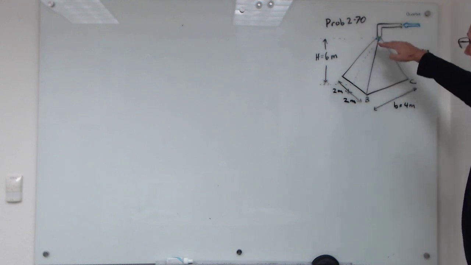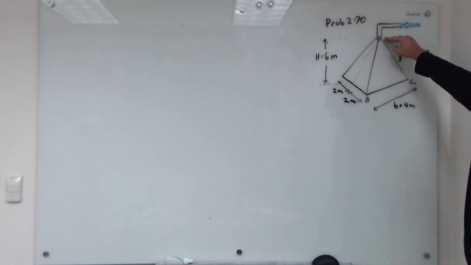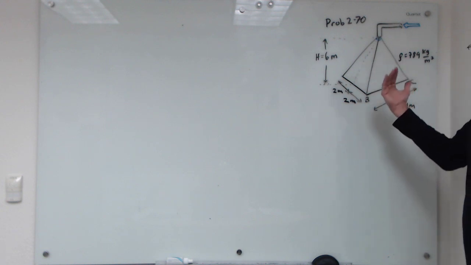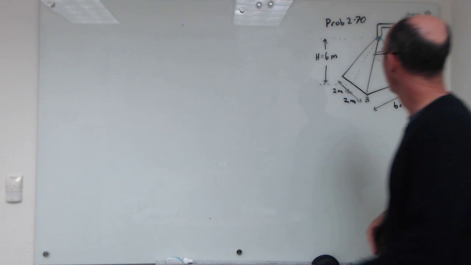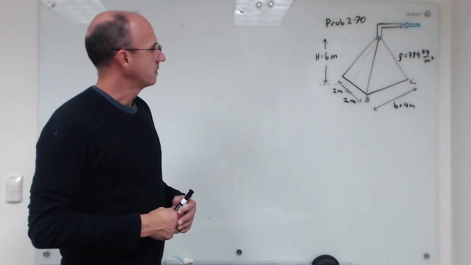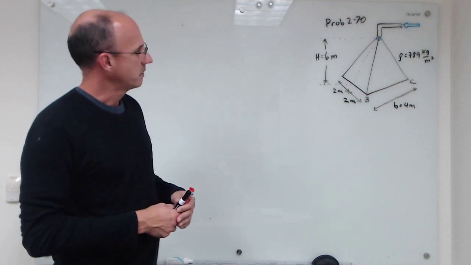So now this tank in the shape of a pyramid is completely filled, and you're being asked to figure out what's the force pushing on each side of this container, and where is the center of pressure. So it asks you for the resultant force and the center of pressure.